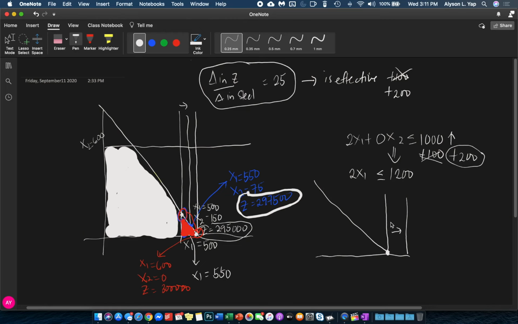Okay. However, I'd like to point out that if we shift this line to this line, then we are not changing the feasible region, because if you remember the feasible region, let me shade the feasible region.